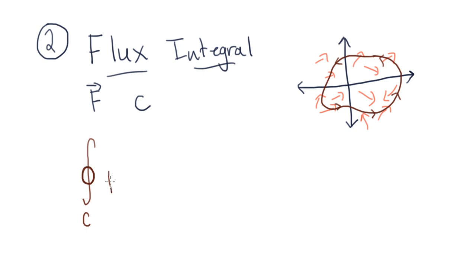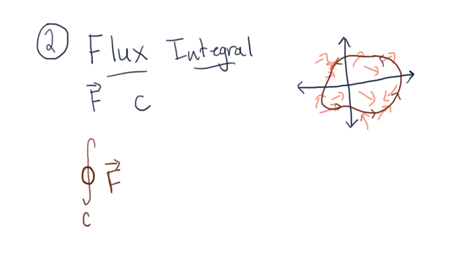But instead of taking the dot product of the vector field over the tangent direction, so it's basically looking at how much of the vector field lies along the tangent direction, like that, I'm actually going to do the exact opposite.